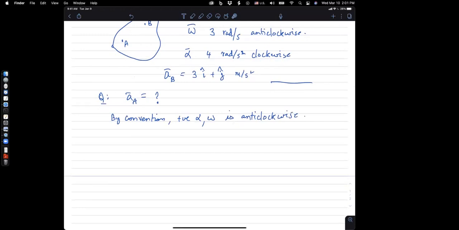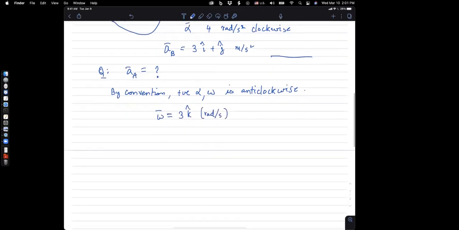So when we say 3 radians per second anti-clockwise, omega equals 3k radians per second. And when we say 4 radians per second squared clockwise, alpha equals negative 4k radians per second squared. This negative is because it's clockwise.